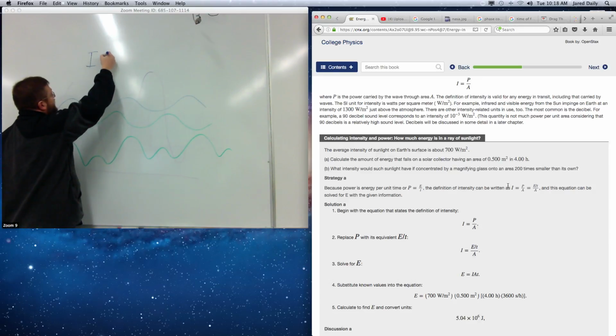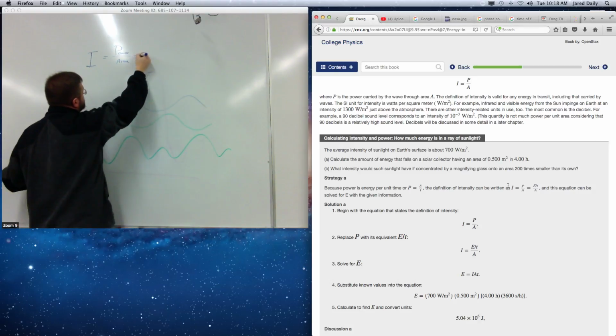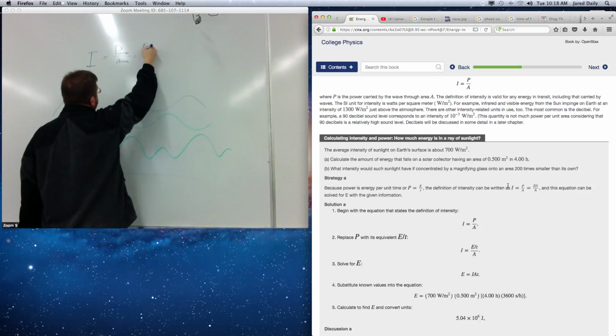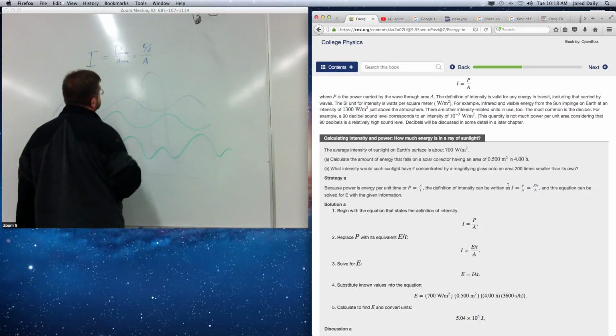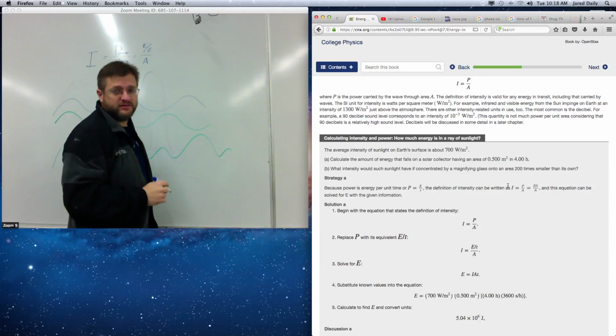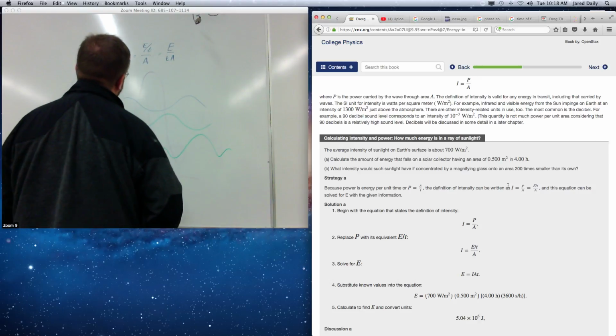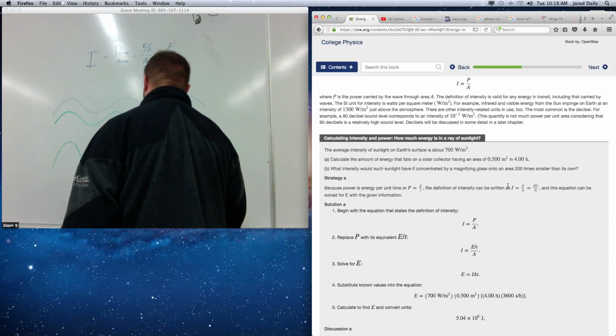Intensity equals power over area, which equals energy over time over area, which also equals energy over time times area.